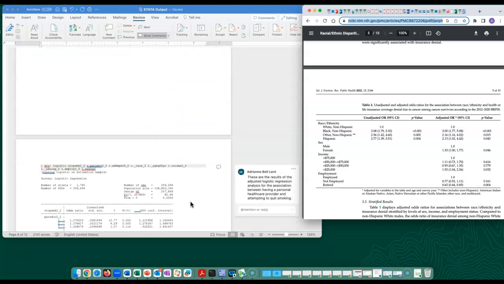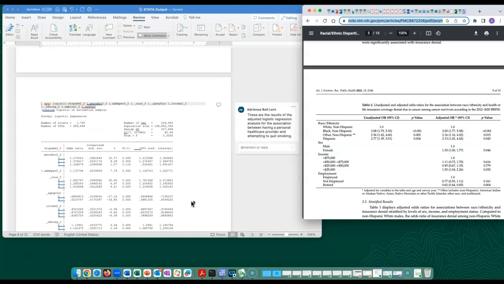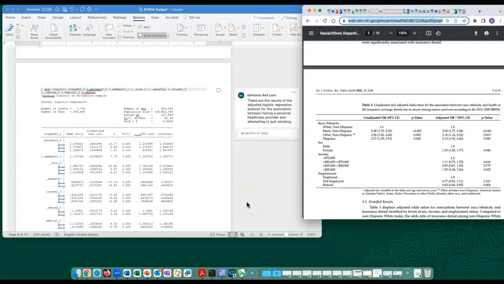If you scroll down, you also have the results of your adjusted logistic regression. So here it's the same analysis. However, this logistic regression for the association between having a personal healthcare provider and attempting to quit smoking has now been adjusted for these variables here. You can see it's been adjusted for having depression, for race, for age, for income, education, employment, and sex.